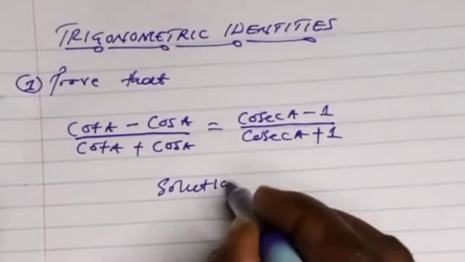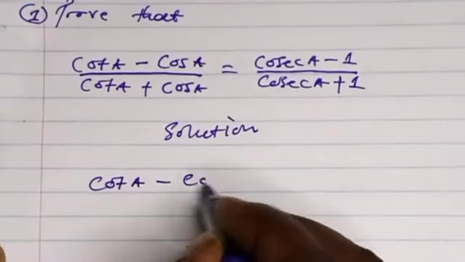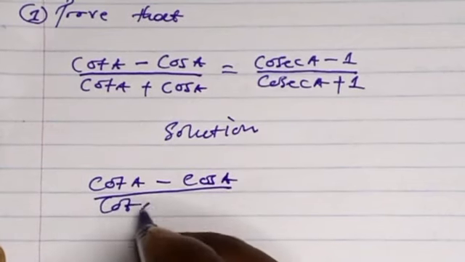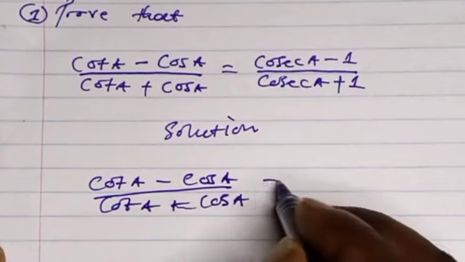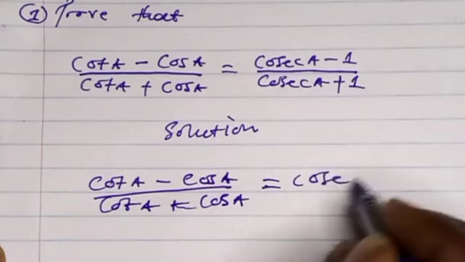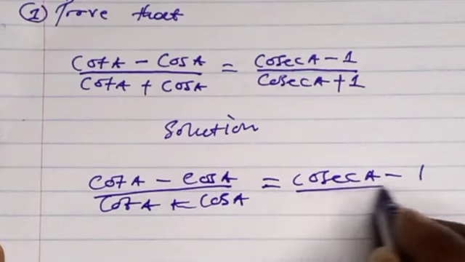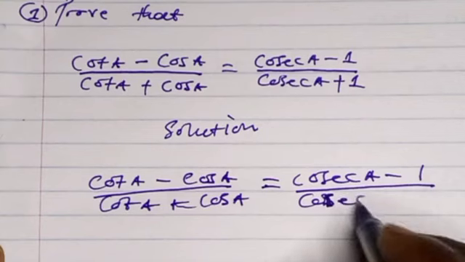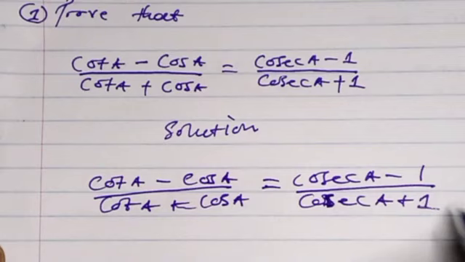Solution: (cot A minus cos A) over (cot A plus cos A) should be equal to (cosec A minus 1) over (cosec A plus 1).